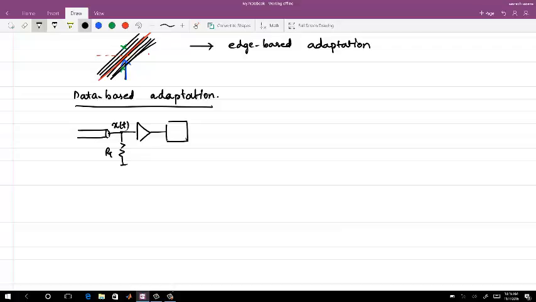And right now I am just having a gain factor C naught as an equalizer tap. This is just a gain factor, so the output is multiplied: C naught times x of t, and I clock this at clock edge phi, and I recover the bit.